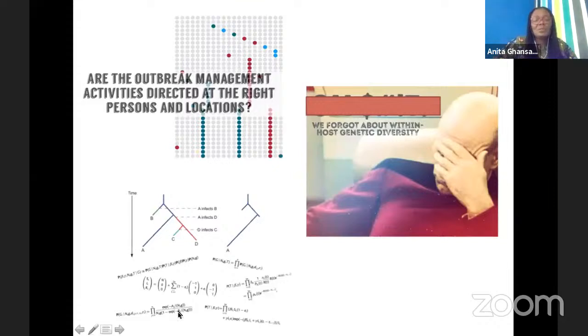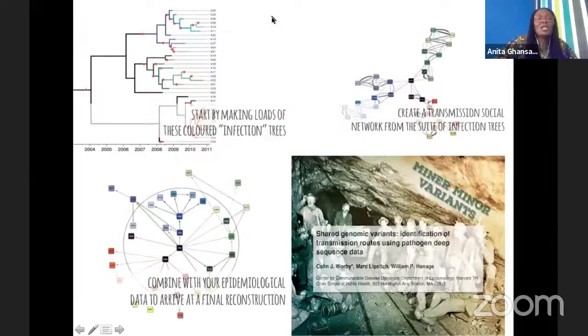Basically, this is where the statisticians will bring their statistics on board. And then we can eventually develop a nice phylogenetic tree to look at how these pathogens are related and on a time scale.